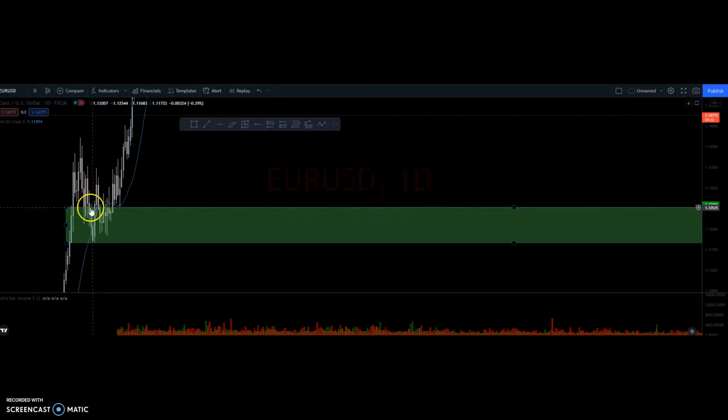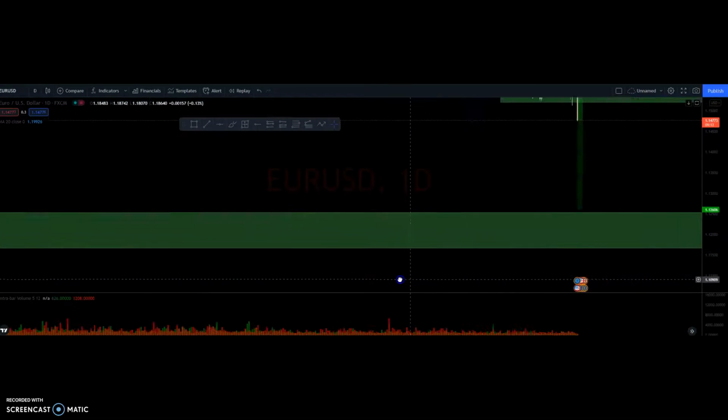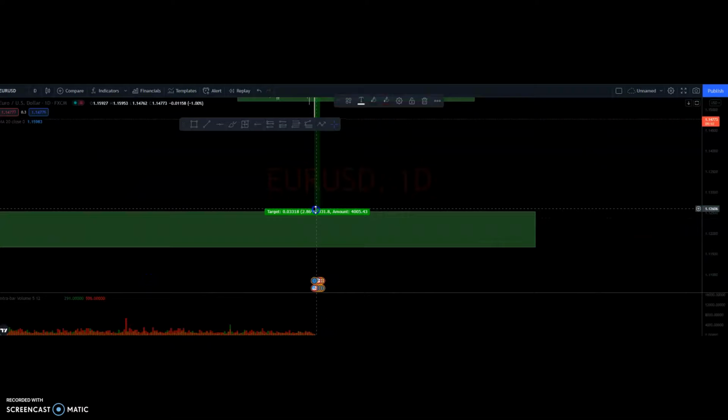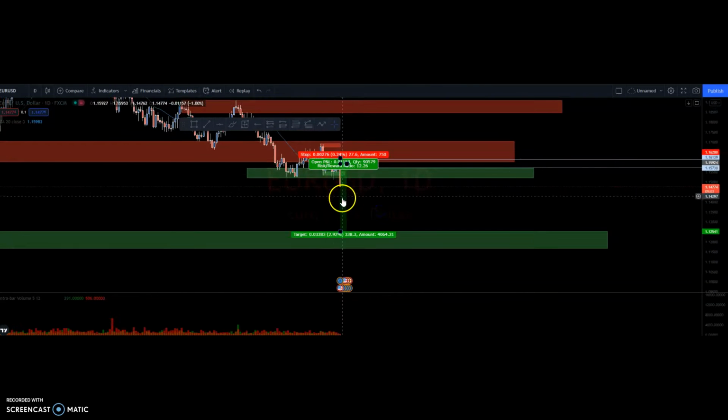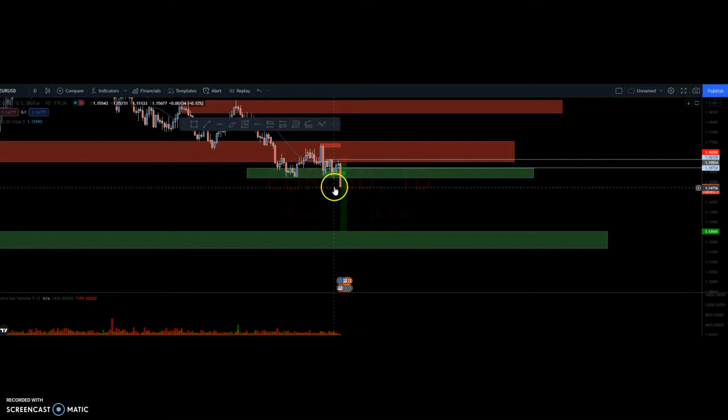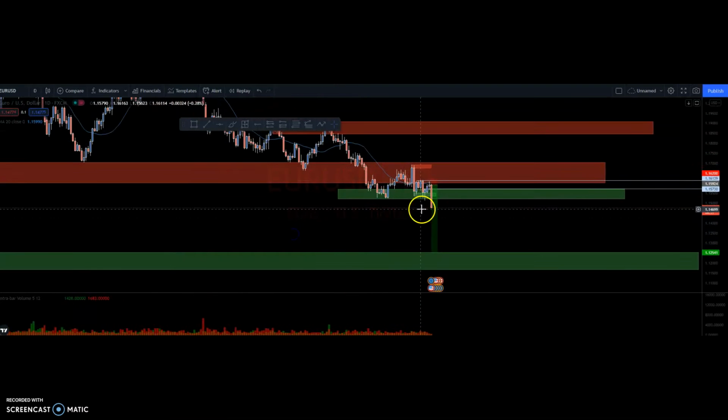So caught this, got the whole wick in the body, and yeah, so we'll see. We'll see if it reaches down there, but it looks really good. Look at that huge engulfing candle, and after this, after it just broke out of consolidation, I think we're gonna have another bearish day, but we'll see. We'll keep an eye on it.